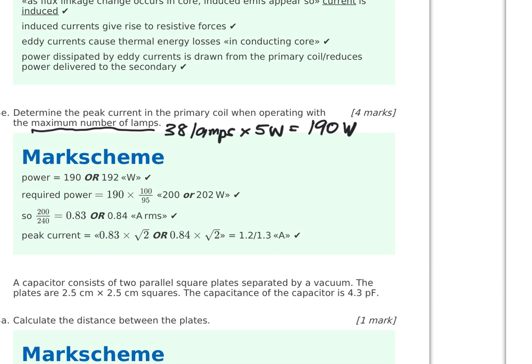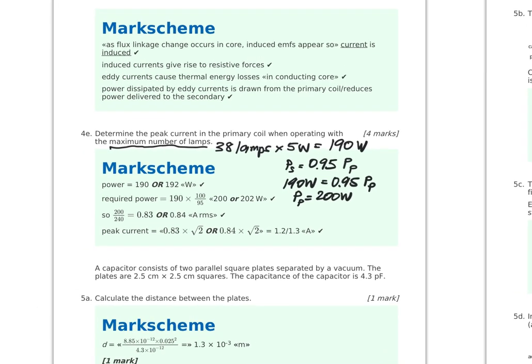Secondary power is 190. I should say P secondary is 95% or 0.95 of P primary. So 190 watts, which we get on the secondary side, is 0.95 of 200 watts. So in the primary coil, we're going to need 200 watts of power.